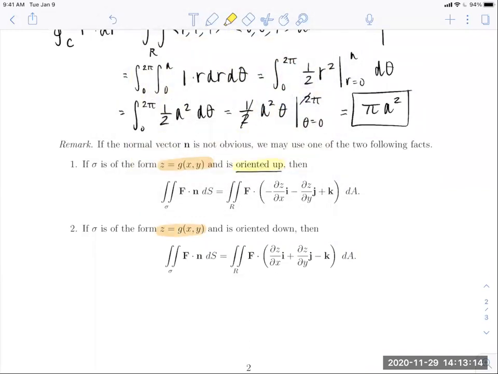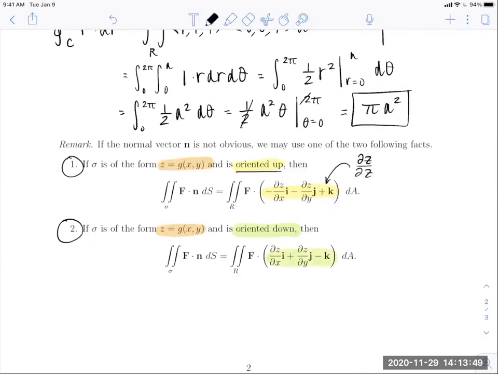If we're oriented upward, we're going to use negative del z del x in the i hat, negative del z del y in the j hat, and then a positive 1 in the k hat. Here it's understood that the 1 is del z, we just don't write it. Now, if we're oriented down, then we're just going to use the negative of that normal from part 1. So you're just going to want to look at which part of this remark applies to you based on your situation in working out these problems.